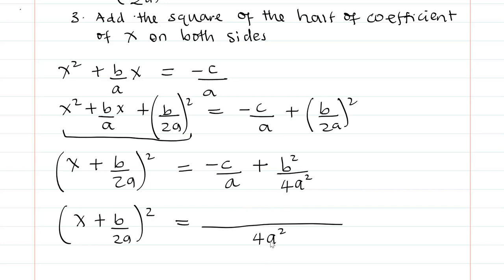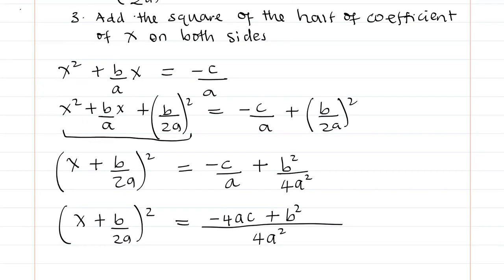What is 4a squared divided by a? We get 4a. 4a times negative c, we get negative 4ac. 4a squared divided by 4a squared is 1. 1 times b squared, we get b squared. So plus b squared.